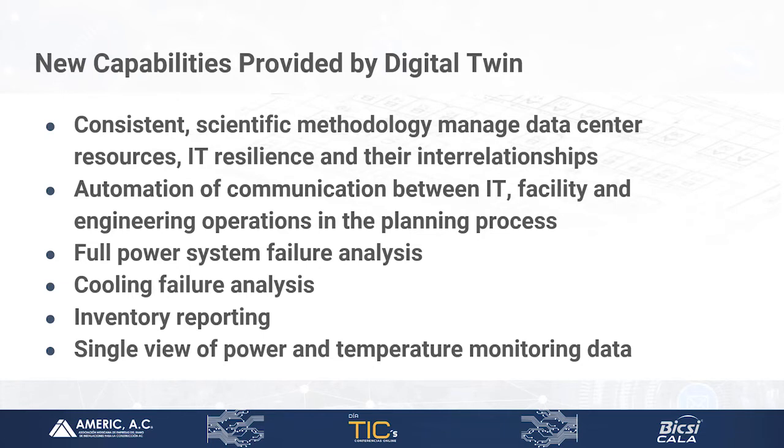Digital Twin is connected to their IT workflow, and this gives them accurate inventory reporting on all of the assets in the data center. The data center is synchronized with Digital Twin at all times. And they are also able to benefit from a single view of power and temperature monitoring data within the 3D model of Digital Twin.